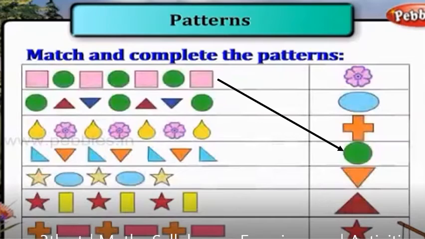In the second one, circle, triangle up, inverted triangle, then circle, triangle up, inverted, circle, then again red colored triangle. Correct? Yes.